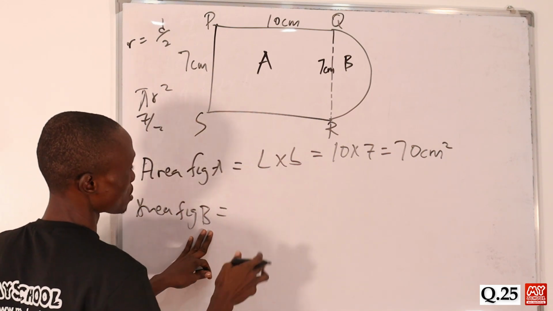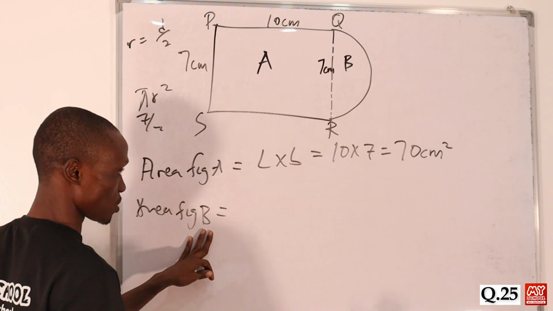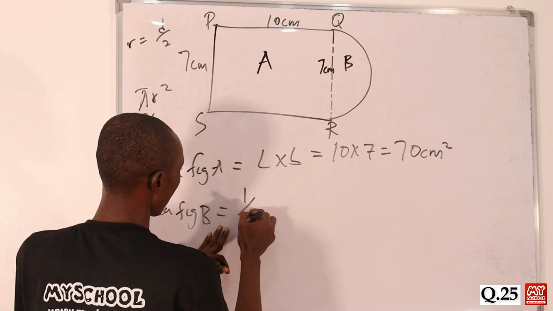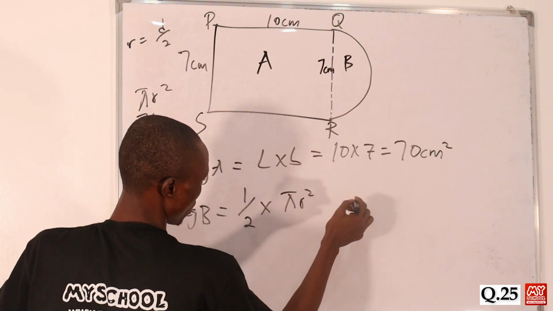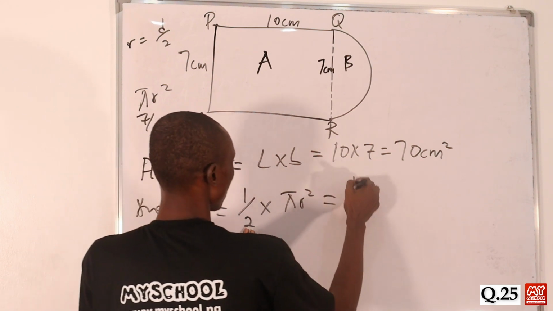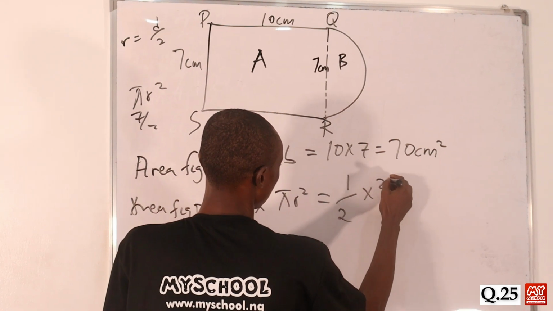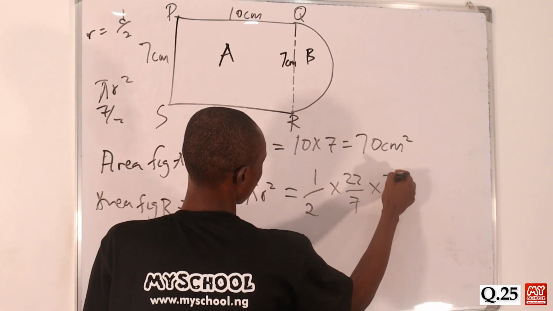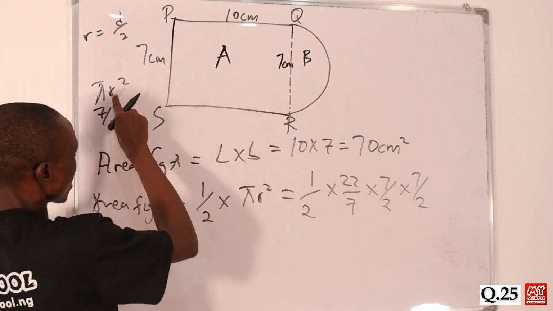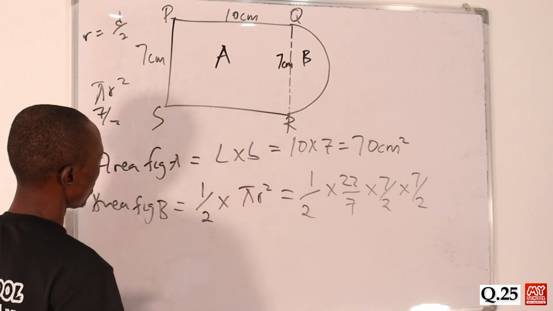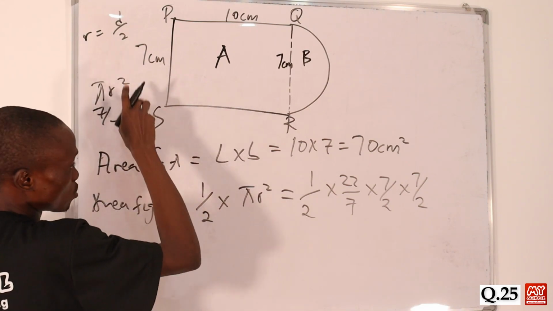So remember that semicircle is half of a circle, right? So here we'll be having 1/2 times the area of a circle, which is pi r square. So if we open this up, we're having 1/2 times 22/7, then times 7/2 times 7/2, right? Since r square means r times r, and r for this question is equals to 7/2.